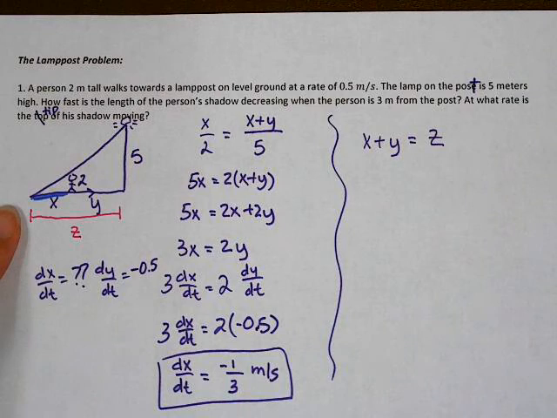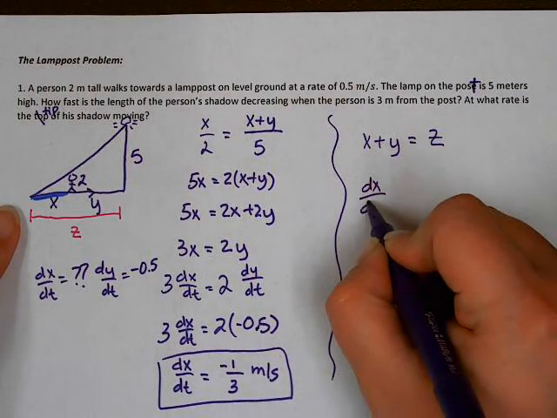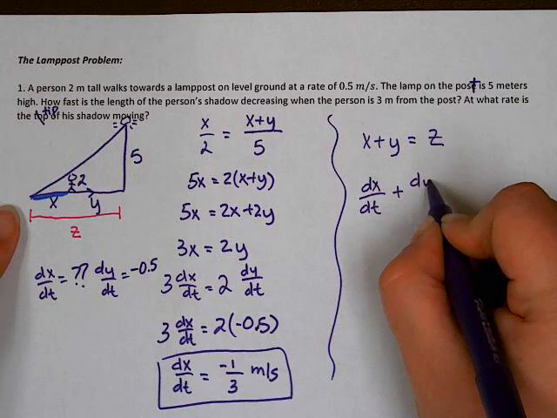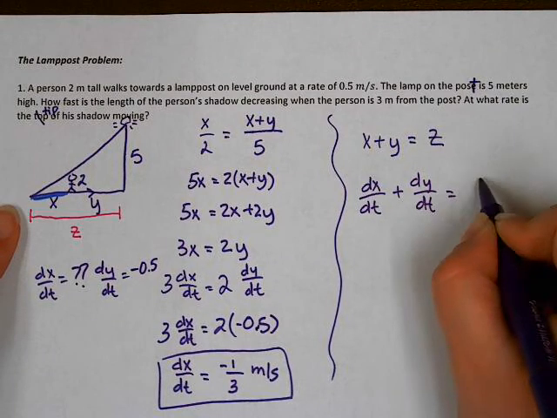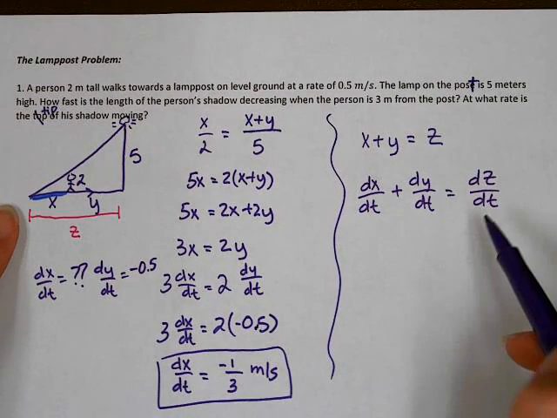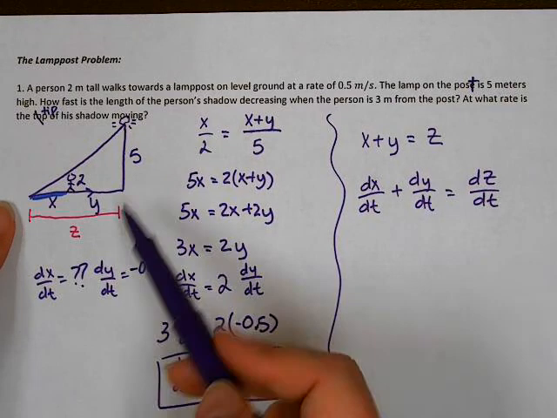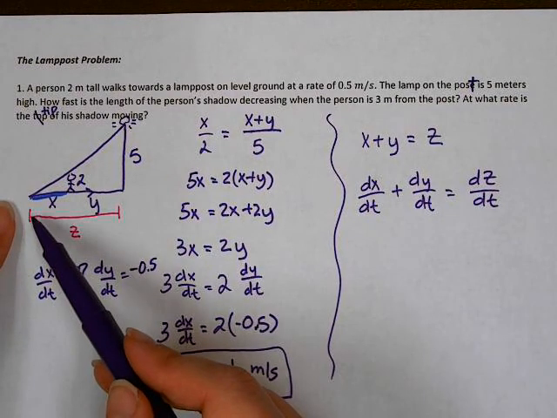Well, now I can take the derivative, so dx/dt plus dy/dt is equal to dz/dt. And dz/dt is going to give me the rate at which the tip of his shadow is moving, because his shadow is all the way over here.